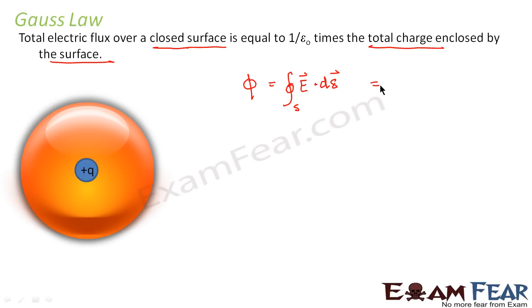So according to Gauss law, this electric flux is equal to Q divided by epsilon naught, because Q is the charge enclosed by the sphere. Now if instead of Q there were Q1, Q2, Q3, this would have become equal to Q1 plus Q2 plus Q3 divided by epsilon naught. So it doesn't matter where these individual charges are located inside the surface. Any charge located inside the surface contributes to this.